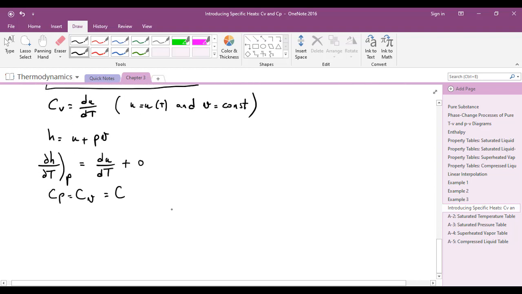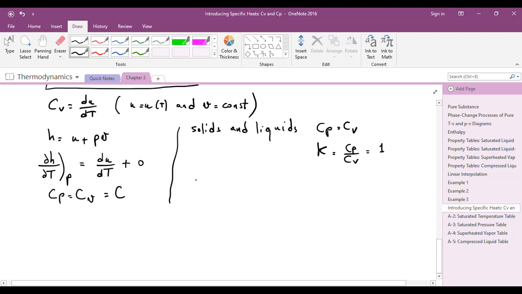So for solids and liquids, we don't have a difference between Cp and Cv. Cp is equal to Cv, and k, which is Cp over Cv, in this case will be equal to 1.